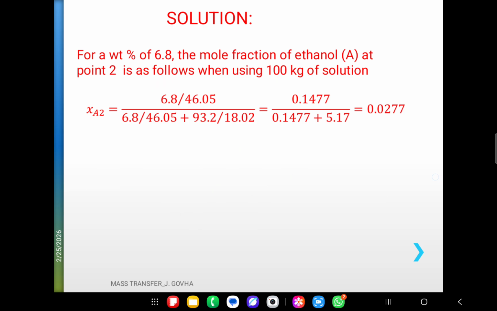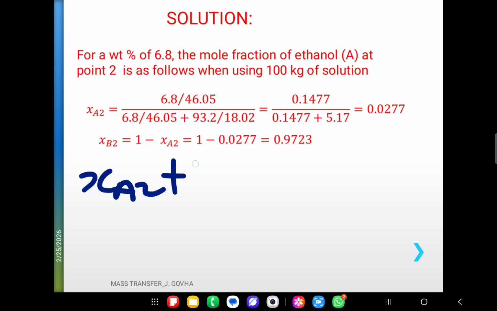So after determining our XA2 there, we can also find our XB2. Remember, XA2 plus XB2 is equal to 1.